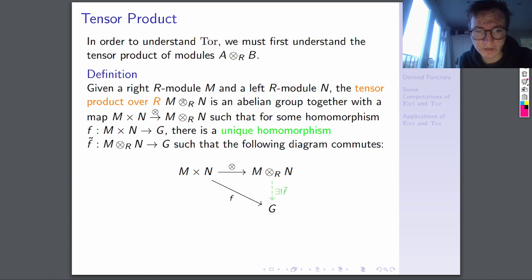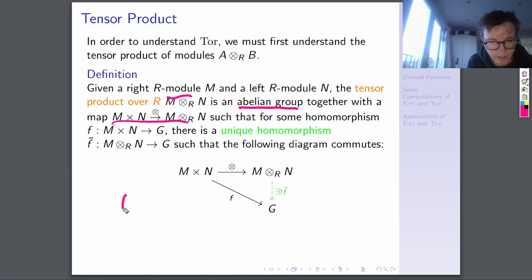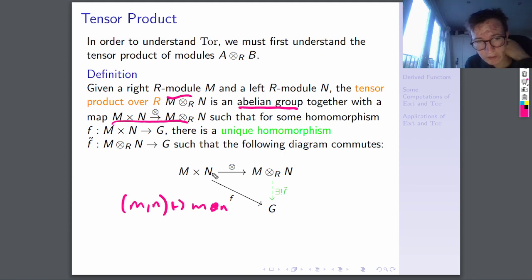For a right R module M and a left R module N, we can form their tensor product, M tensor N, which is an abelian group, together with a map which sends (m, n) to m tensor n, such that for some homomorphism F, there's a unique map F tilde which makes this little triangle commute.